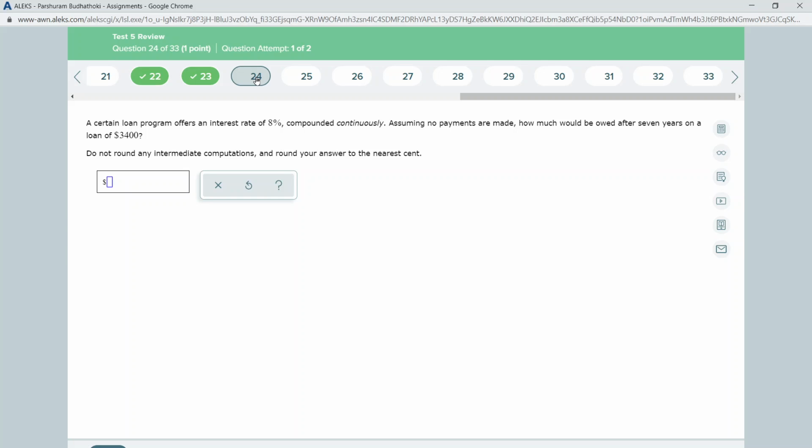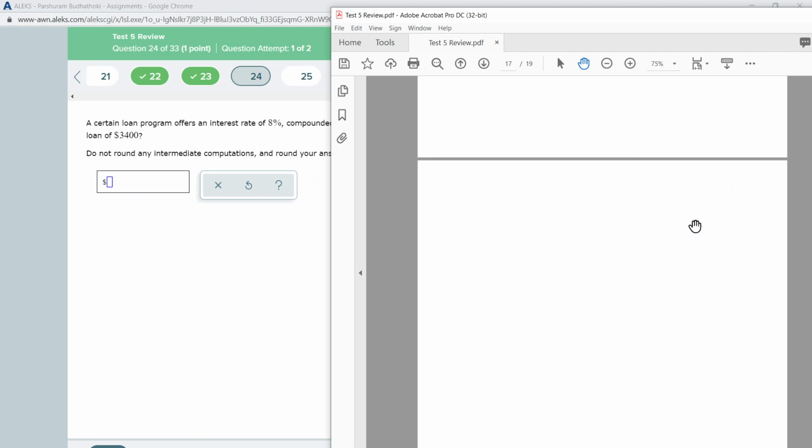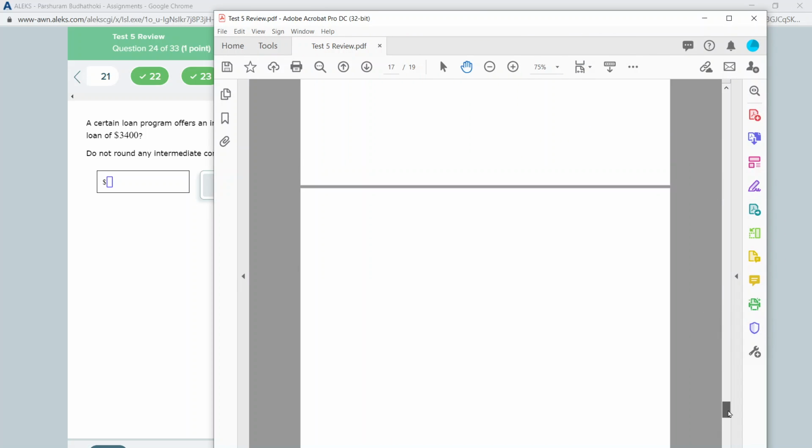Problem 24. A certain loan program offers an interest rate of 8% compounded continuously. Assuming no payments are made, how much would be owed after 7 years on a loan of 3,400? So this is a different formula now. It's the compound continuous formula, just slightly different.